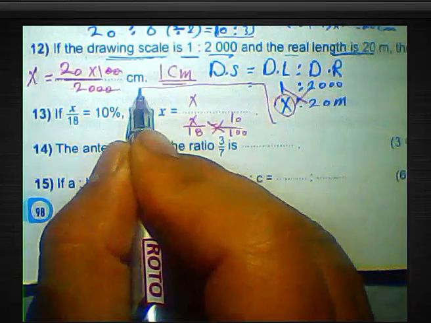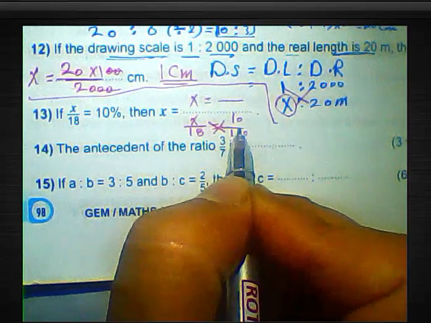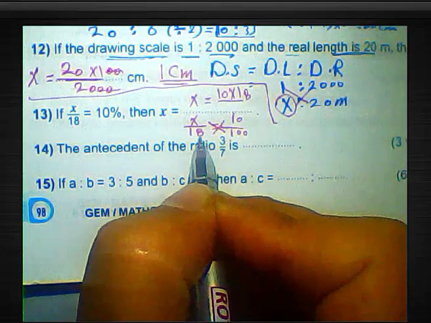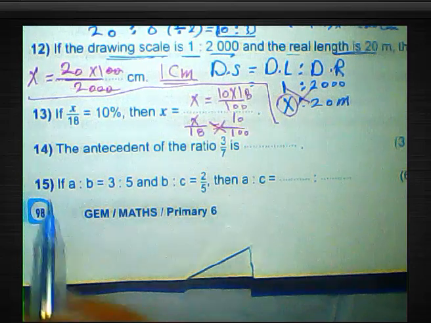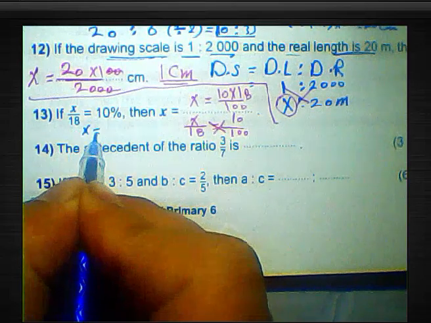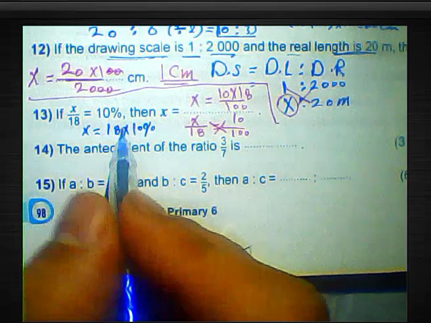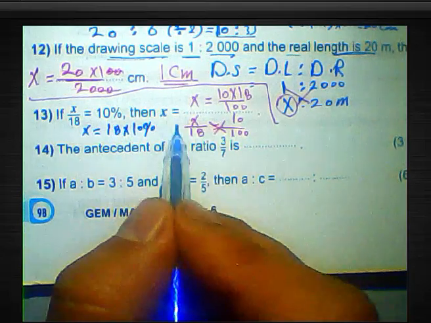The product of extremes equals the product of means, so x will be 10 times 18 over 100. Okay, x equals 18 multiplied by 10%, or x equals 10 multiplied by 18 over 100.